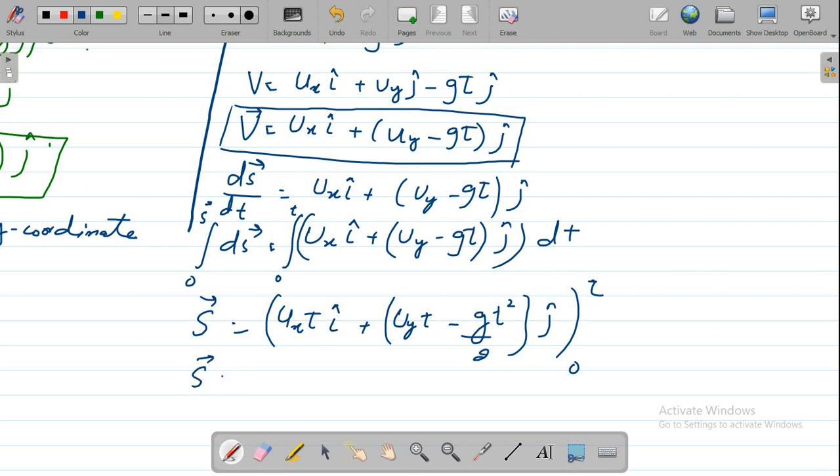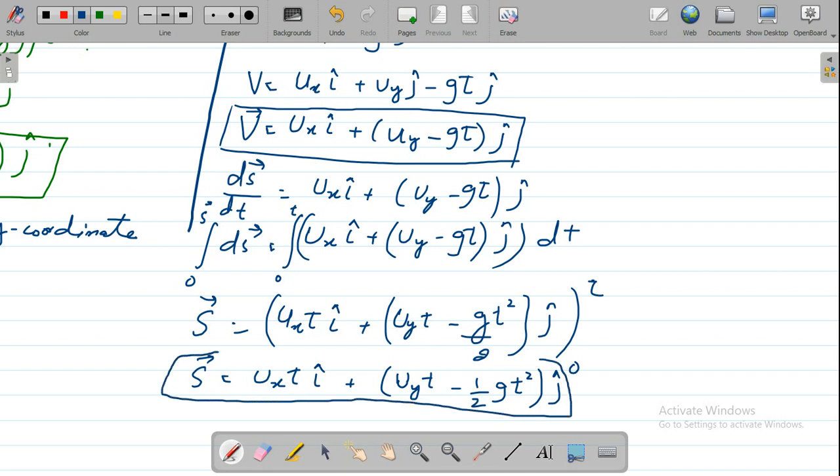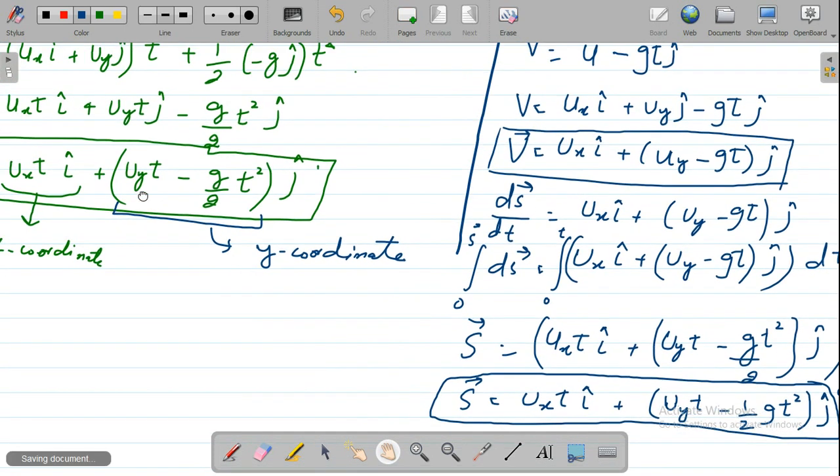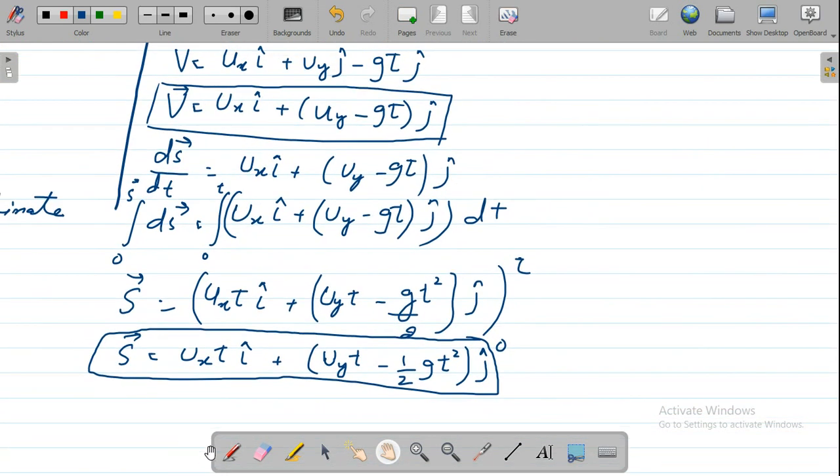Then displacement is equal to uxt i cap plus uyt minus 1 by 2 gt square j cap. This is the displacement after time t. It's same like this. So these are the two different ways we can find displacement or velocity.